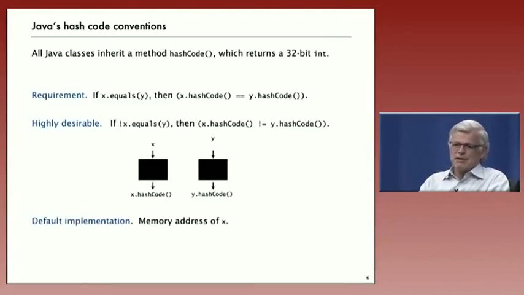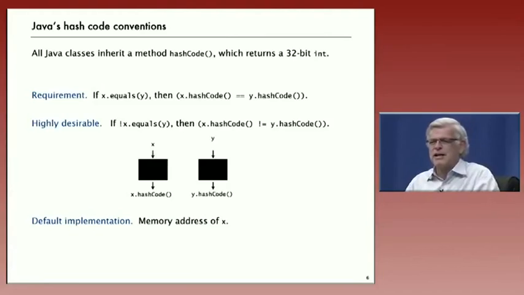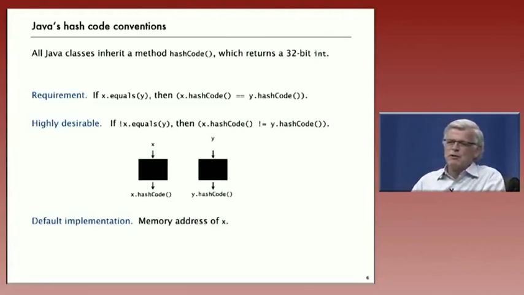Now, the default implementation for hashing an object is the memory address of the object. So that meets these two requirements for Java. The one that it maybe doesn't meet is the idea that every table position should be equally likely.